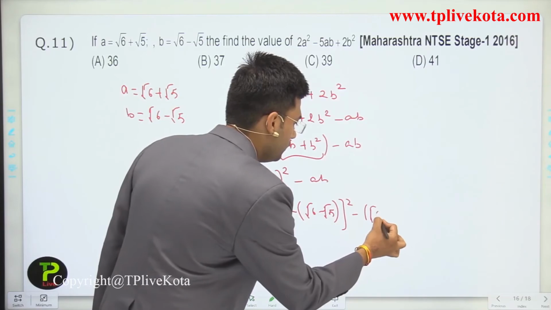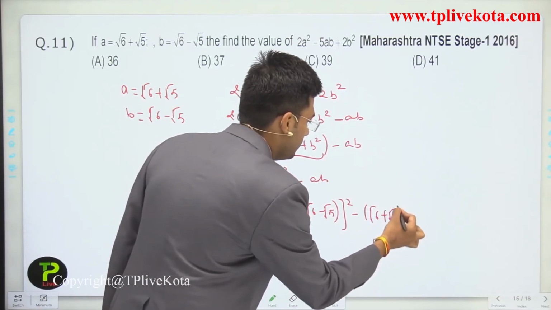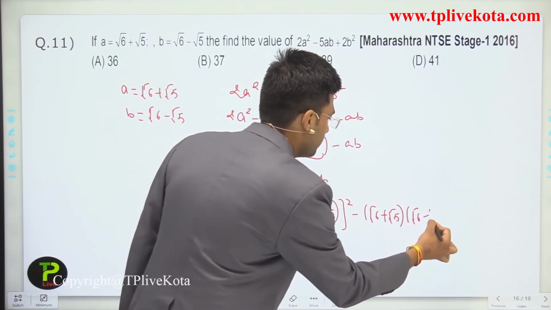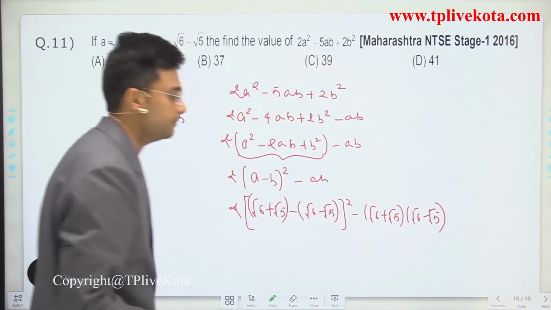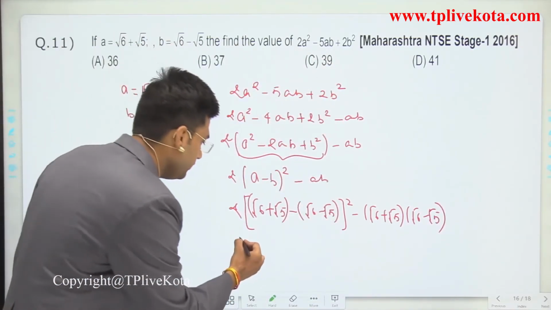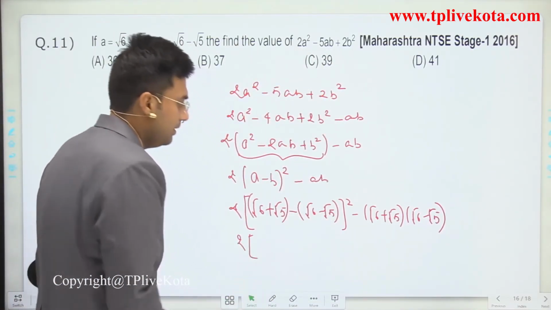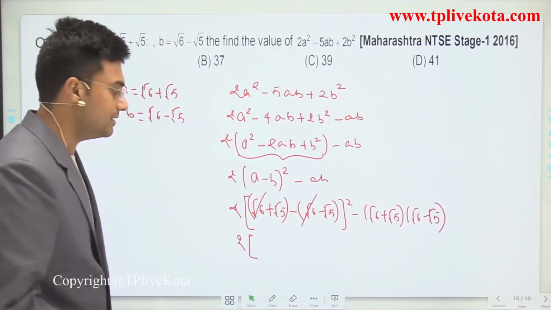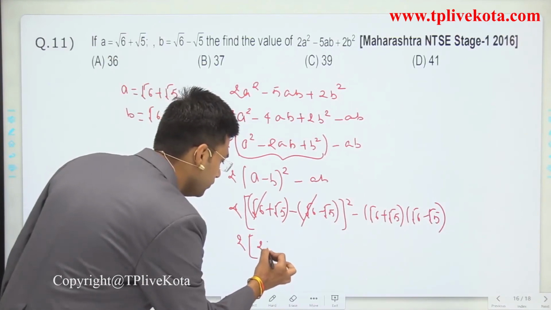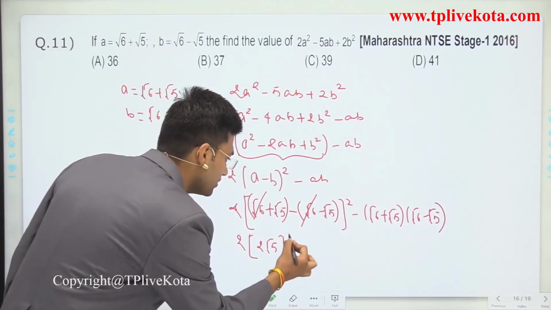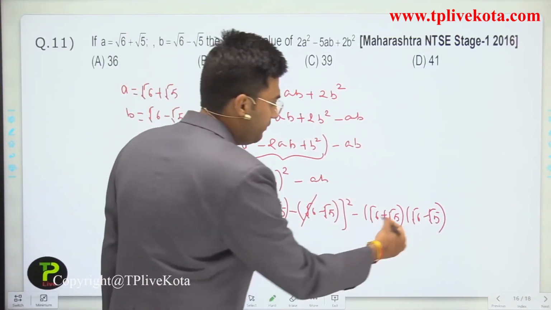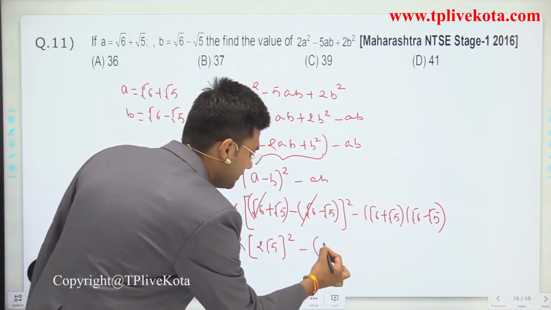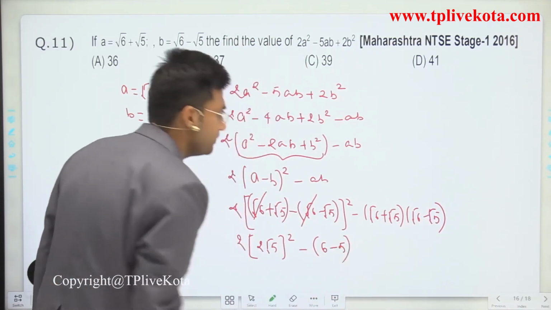So the product of root 6 plus root 5 and root 6 minus root 5. It is equal to 2 times, dear students, here root 6 and minus root 6 cancel out, so we will get 2 root 5 whole square minus, and when we solve this we will get 6 minus 5.